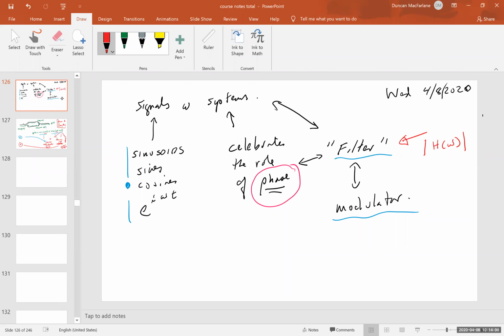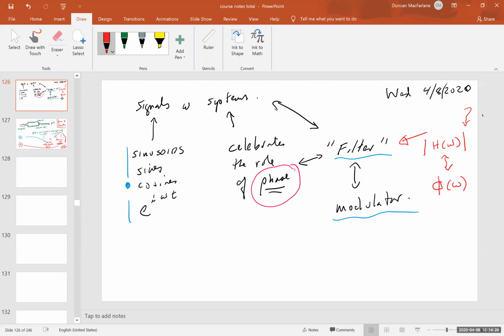And it's often useful, and frankly equivalent, to consider the phase response of the filter. As you do more and more work with filters, you're going to see in class an emphasis on finding out what's going on with the amplitude of each of the frequencies.